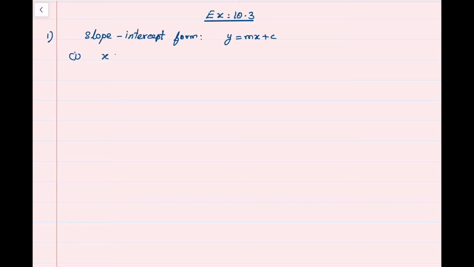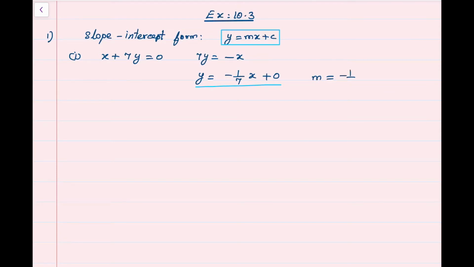The given equation is x + 7y = 0. Let us reduce it to slope-intercept form. 7y is minus x. Therefore, y is minus 1 divided by 7 x plus 0. Let us compare this equation and this equation. Therefore, slope m is minus 1 divided by 7 and the y-intercept c is 0.